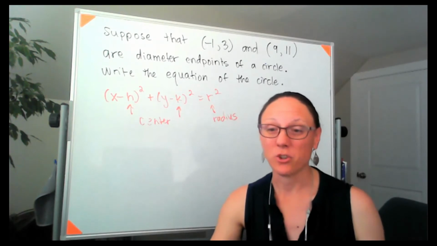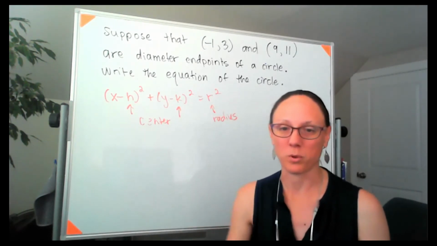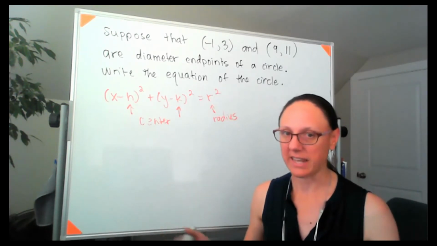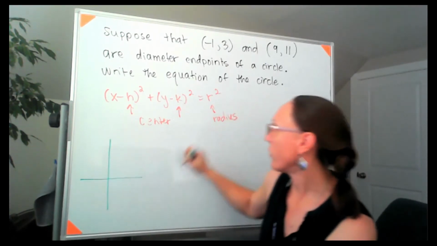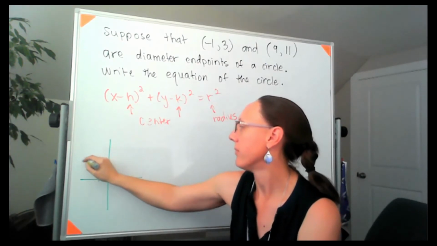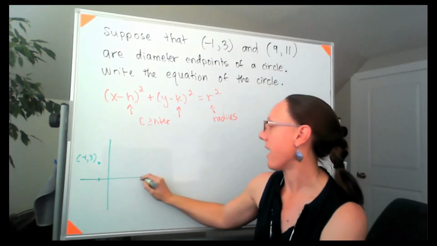So we can do this with a graph or without a graph. I'm kind of a visual person myself, so I'm going to at least get a fake sketchy graph going here. So I know that one endpoint is at (-1, 3). And the other endpoint is at (9, 11).